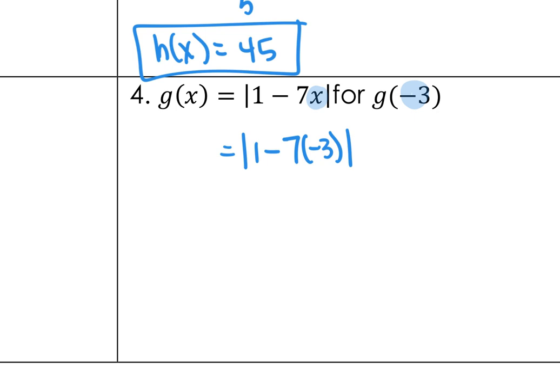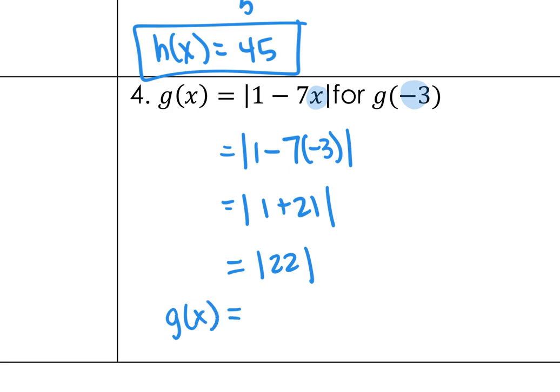Remember, when you do this multiplication, this is a negative 7 times negative 3. Positive 21. So now I have the absolute value of 1 plus 21. Since it was positive, we're going to make it a plus. Now, inside of the bars, let's go ahead and do this addition. 1 plus 21 is 22. So now I just have the absolute value of 22.